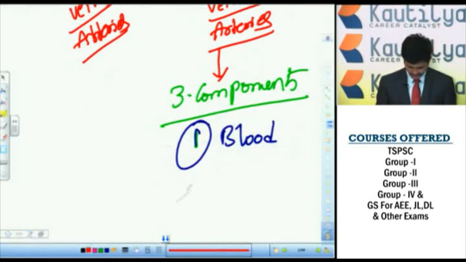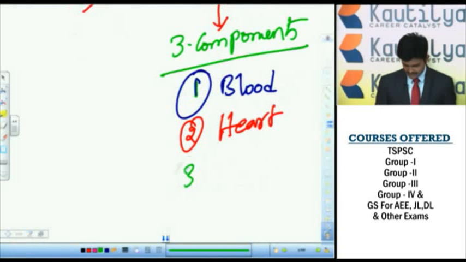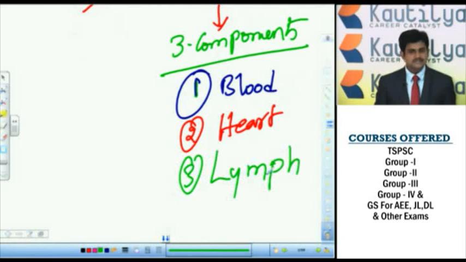Next one is the heart, and the third one is lymph. So these are the components of the circulatory system. Let's see each of them in a detailed manner.